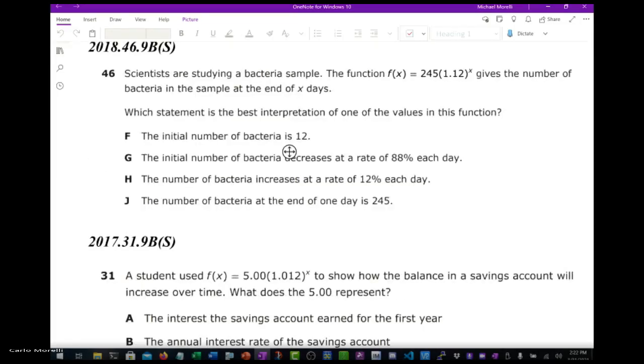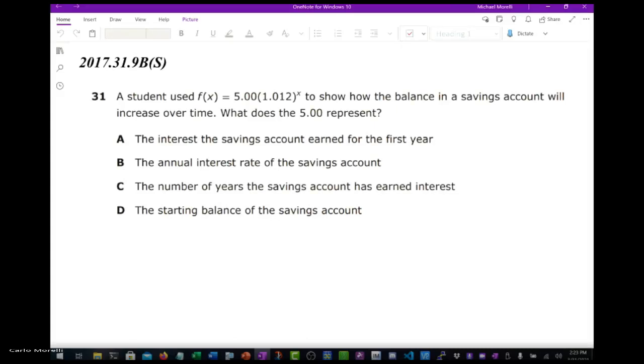Look at number 46. Let's do the same analysis. What's the y-intercept of the graph? Where does it start? Is this growth or decay? Growth. What's the R value as a percent? 12. All right. Now you can answer the question. H. Number 31. Oh, look at this.